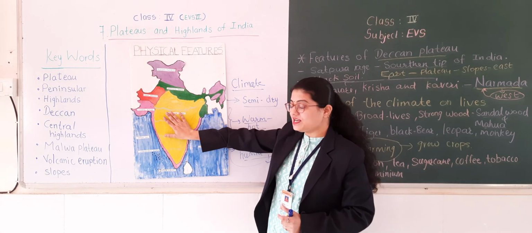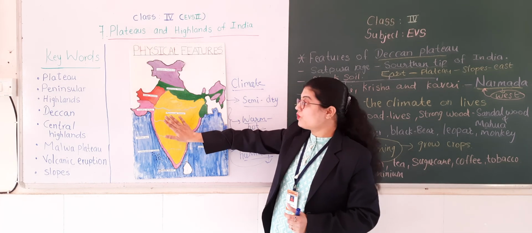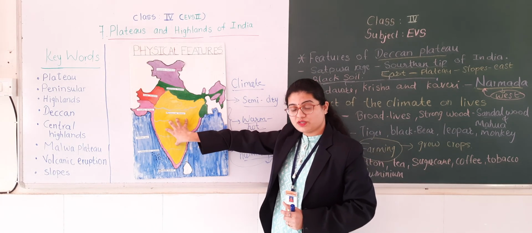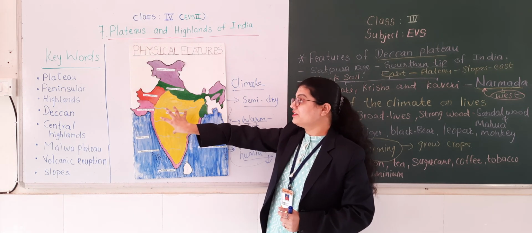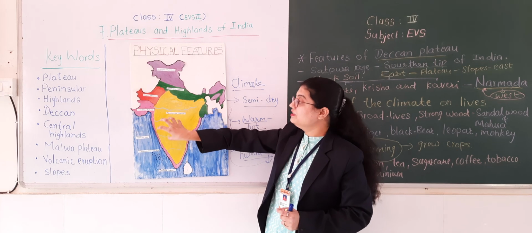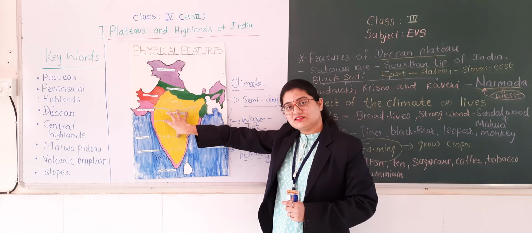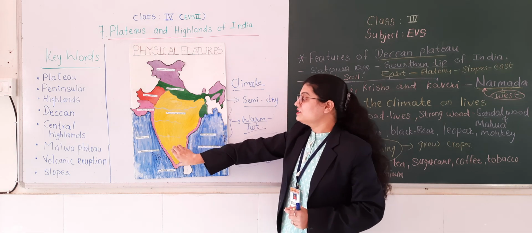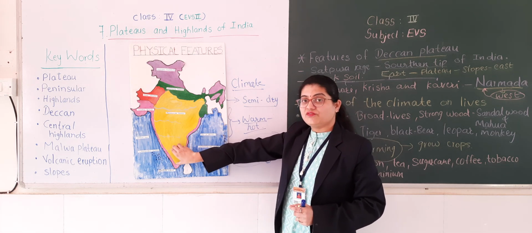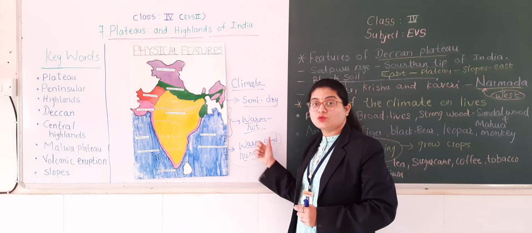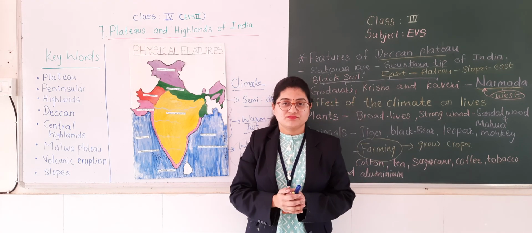In some areas we experience warm atmosphere and in some areas hot atmosphere. We also have rain during the rainy season, and at the southern tip of India we experience warm and humid atmosphere throughout the year.